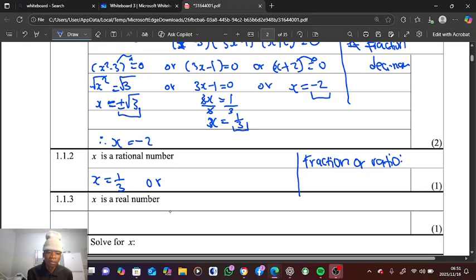Then x is equal to plus or minus root 3 won't apply to our solution because it's not a fraction or a ratio. Ratio, you can say 1 is to 2 or 2 is to 1. So our third x is equal to -2, which can be a ratio. So we are done with 1.1.2.